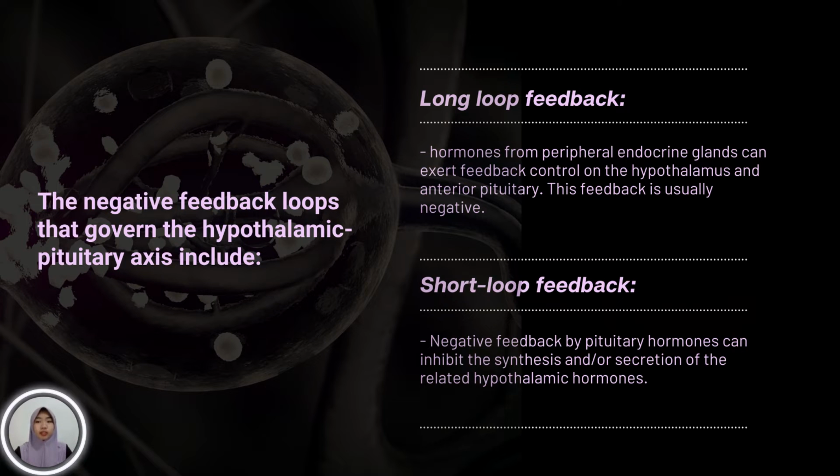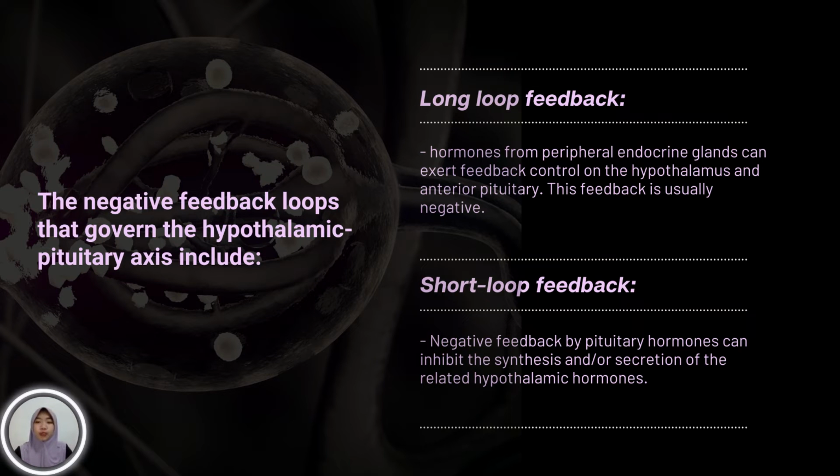The next one is the short loop feedback, which is where the production or secretion of the related hypothalamic hormones can be inhibited by a negative feedback from pituitary hormones. So an anterior pituitary hormone such as corticotropin has a direct negative feedback suppression of hormone secretion, in this case of the CRH within the hypothalamus, which has been described.